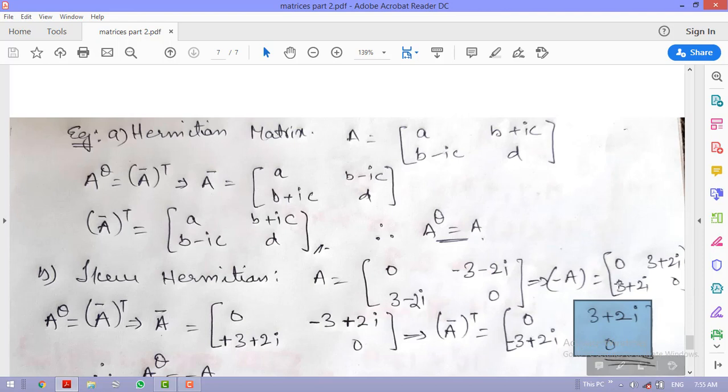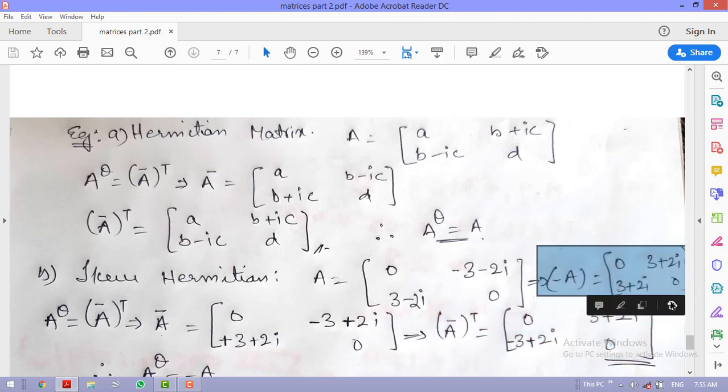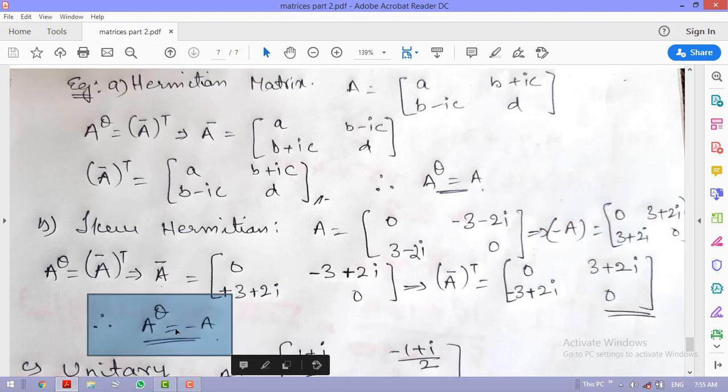Here I changed the sign to negative because I didn't multiply a negative sign over here. After doing that, you can see that the resultant of this and this will be the same. As it is the same, it proves the condition that A power theta equals minus A. If this condition is proved, then the given matrix is a skew Hermitian matrix.